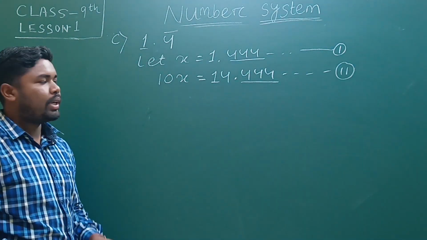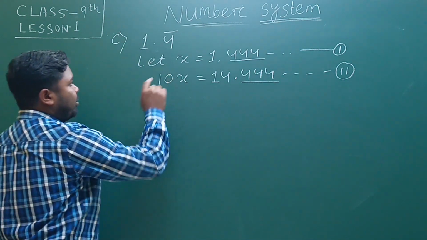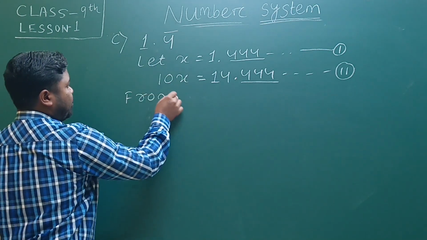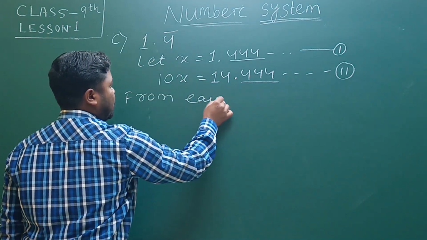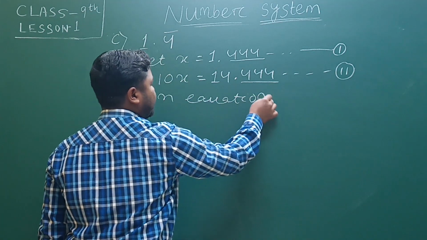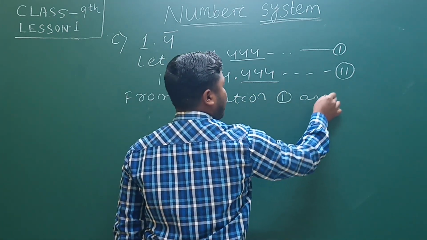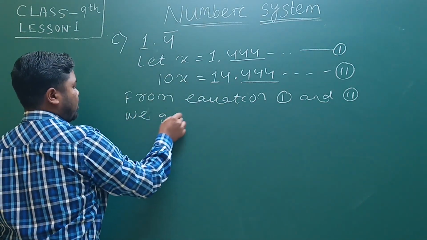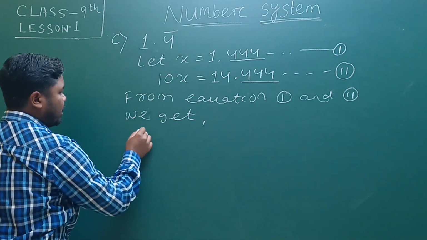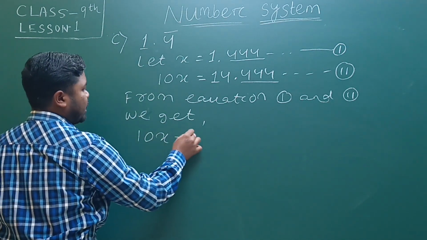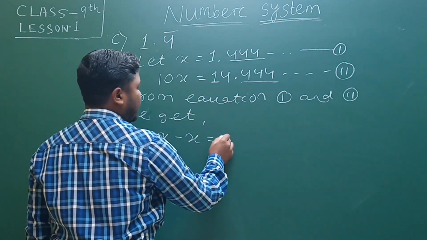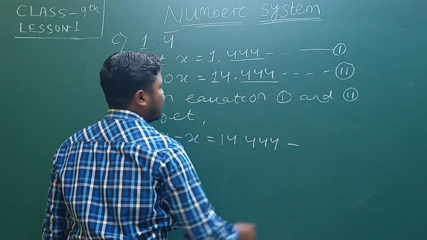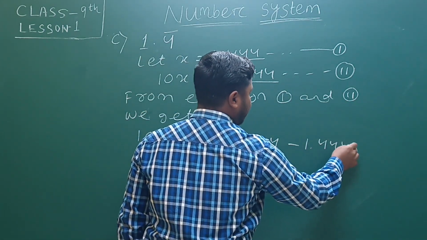So again we can easily solve from equation 1 and 2. We get by subtracting, 10x minus x equals 14.444 minus 1.444.